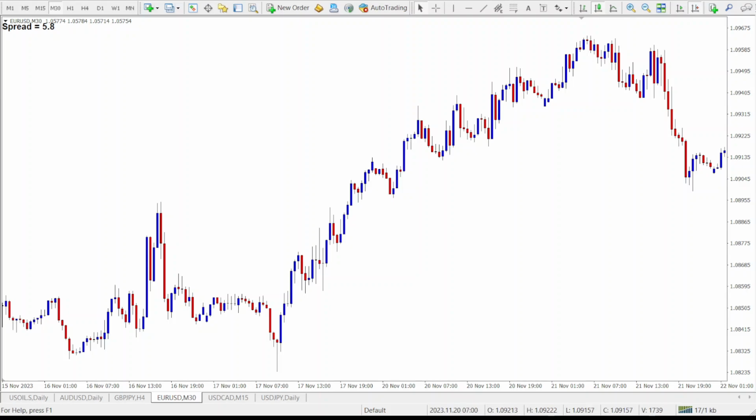Perhaps you are using different brokers and you want to get ideas as to the broker with the lowest spread. The spread indicator can give you quick insights into doing that. So that is it basically for the spread indicator.